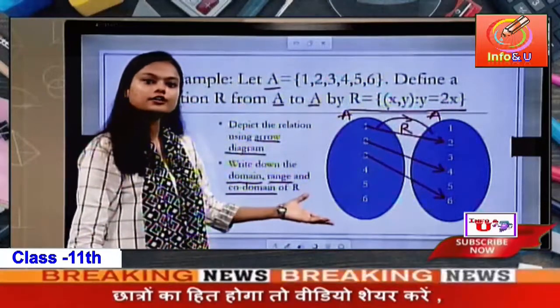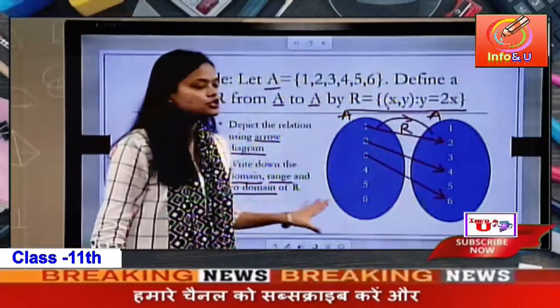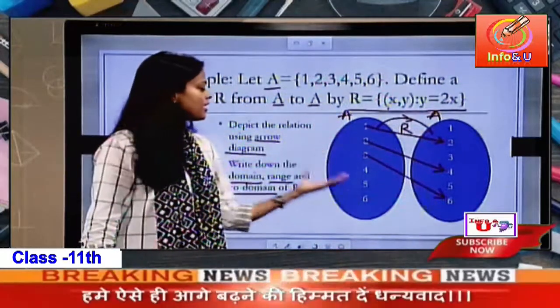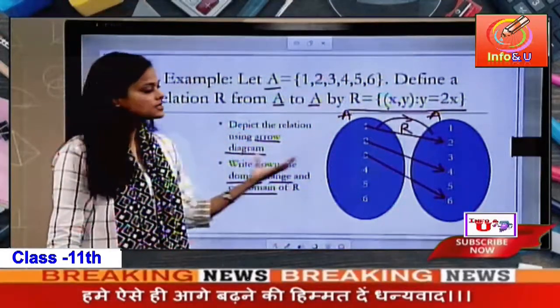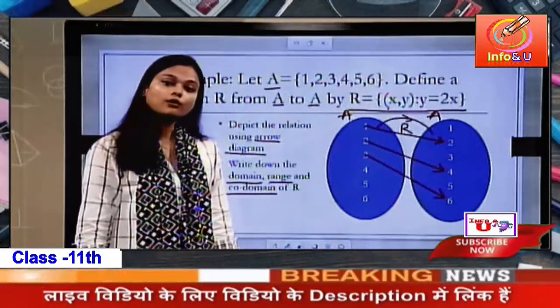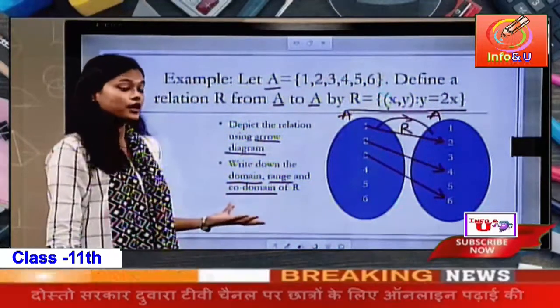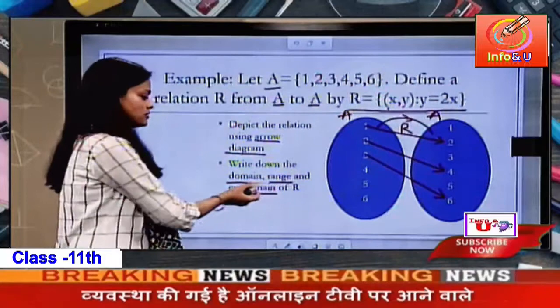This is how they are related to each other. This representation is representing our arrow diagram. This is how we represent it. Now, in this, what we have to find out? Domain, range and codomain.